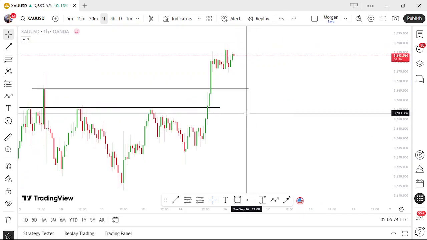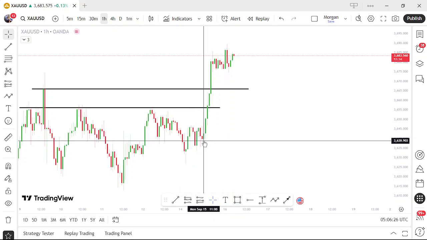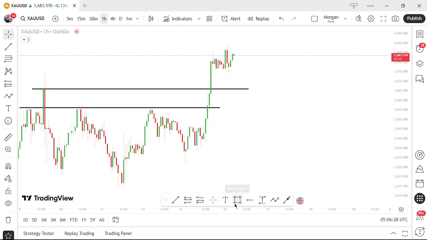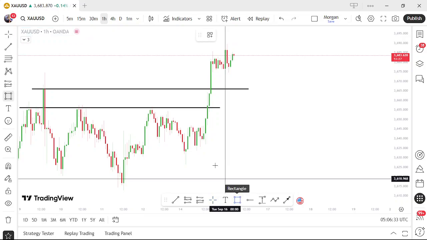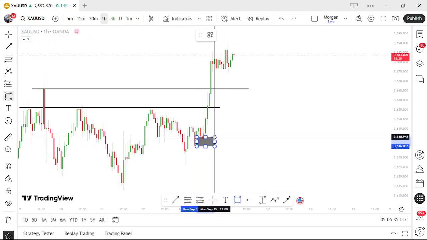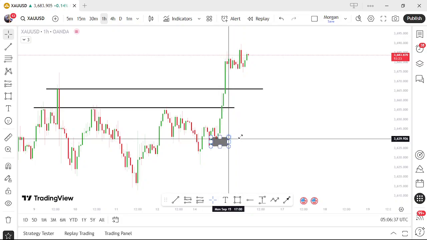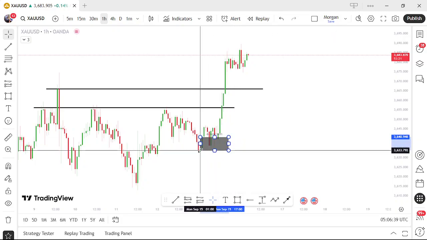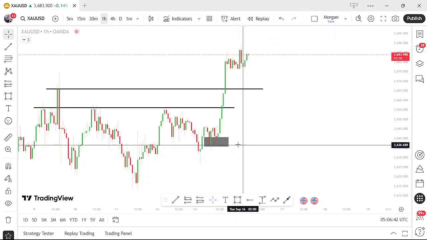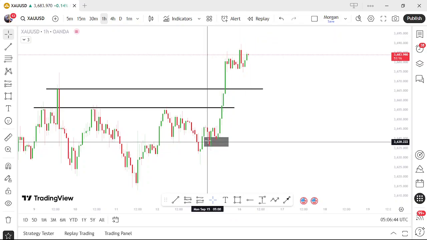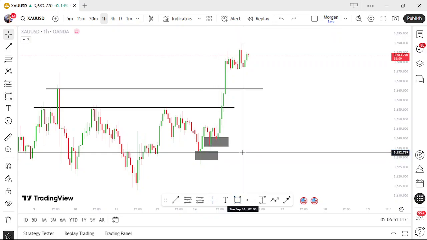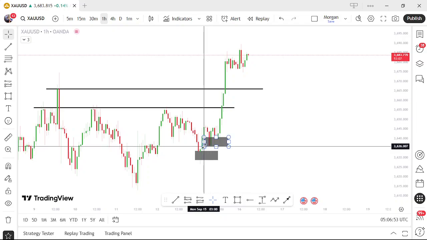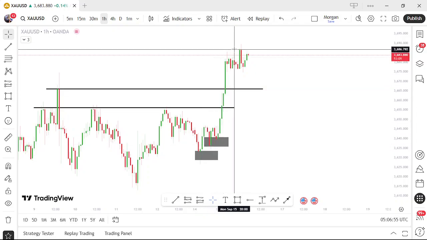So I'll explain it with a real chart. Here we got that push, right? As long as this low right here is still being respected, and maybe you can also put this low into consideration, these lows are the lows that caused a break of this high.